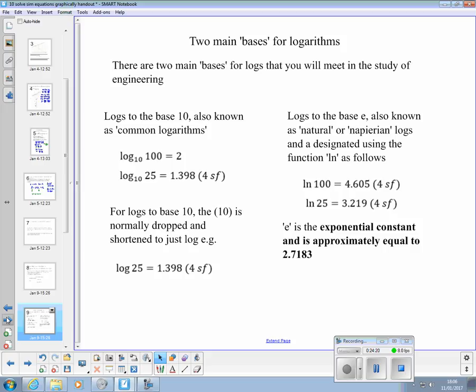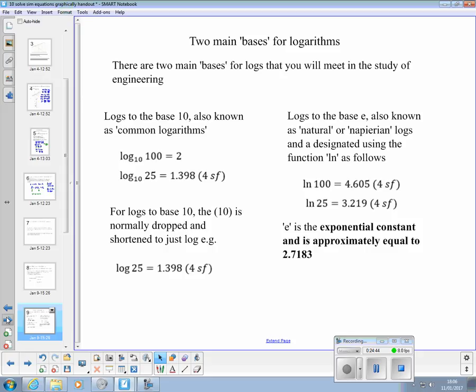If you do log 25, you'll get 1.398 to 4 significant figures. Because they're the most commonly used base other than e, we generally drop the 10 and just assume that if you don't put the base, it is a log to the base 10.